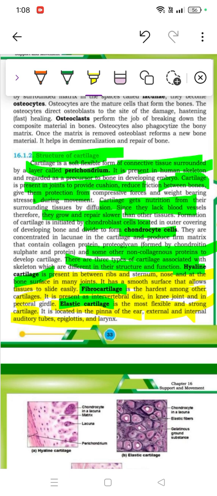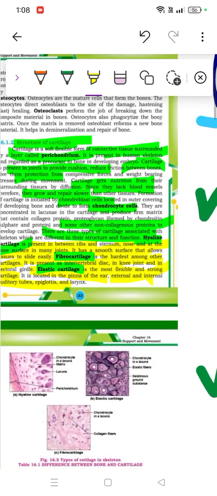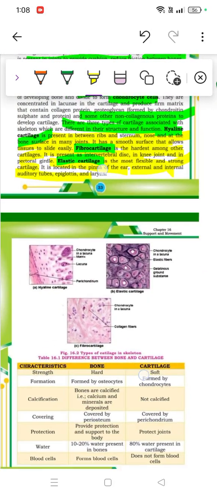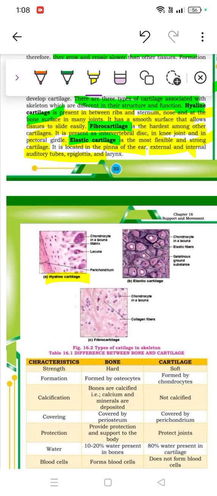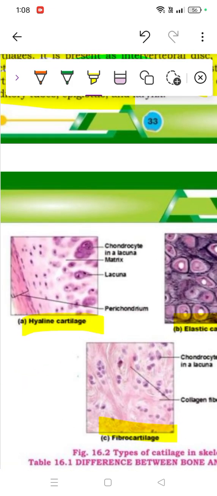As I mentioned all these points, I hope cartilage is very clear. Then let's check it in the picture. We have three types mentioned: hyaline, fibro, and elastic. If we talk about the hyaline structure, it has chondrocytes, and the matrix is a fluid-like structure, and it has structures called lacunae. This is a round structure, and the covering is called the perichondrium.